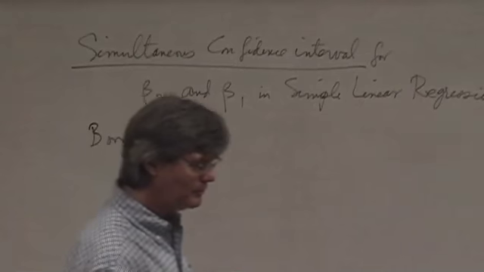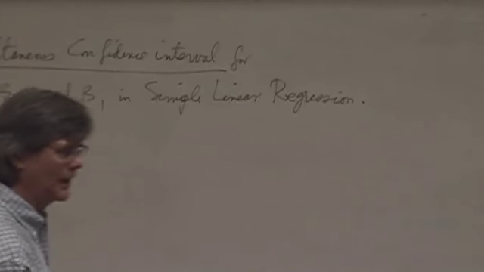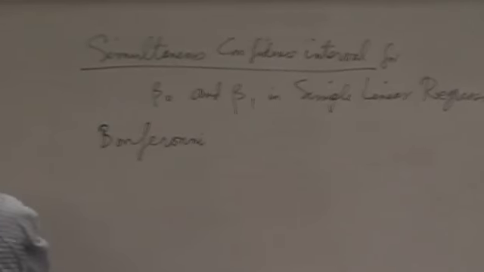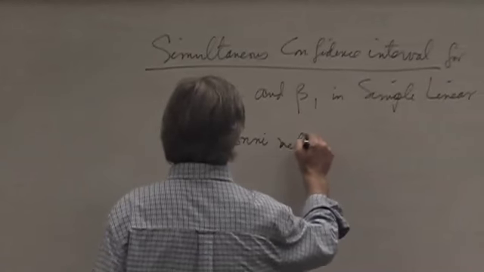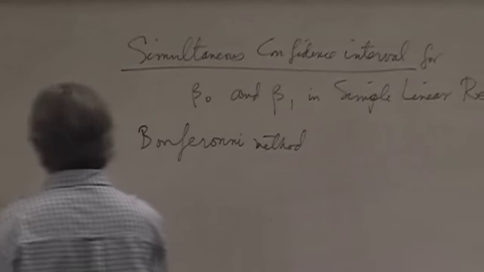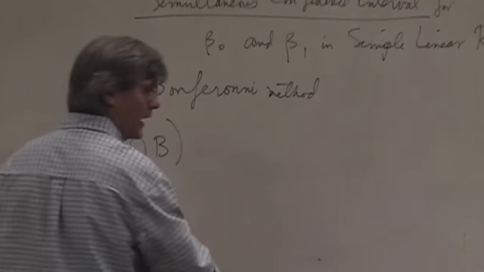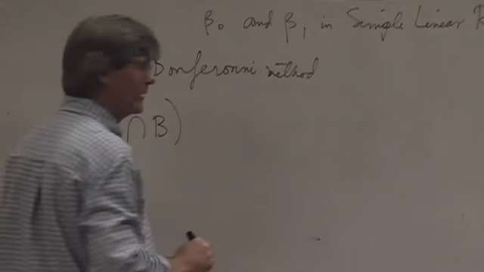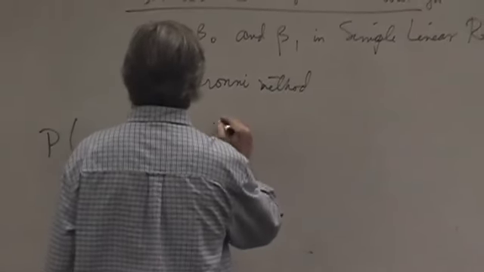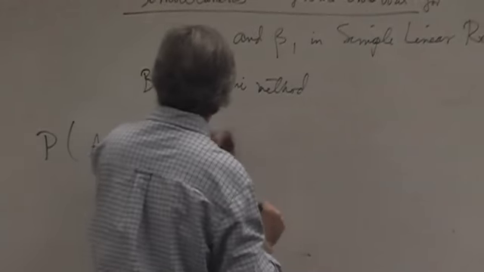What we're using is the following: the probability of A and B is equal to... let's see, what is the general formula?